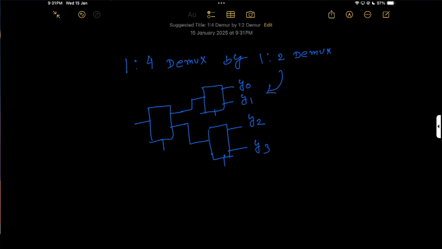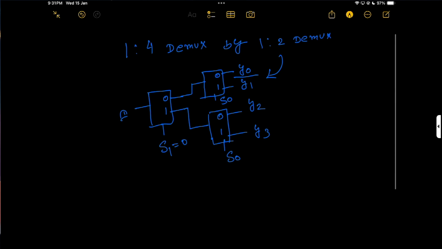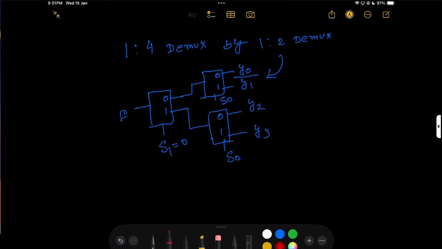If I want to select this, then my S1 is here and S0 is here. So my S1 is 0. Obviously this is 0, this is 1, this is 0, this is 1, and this is my input I. If my S1 is 0, then I select this.